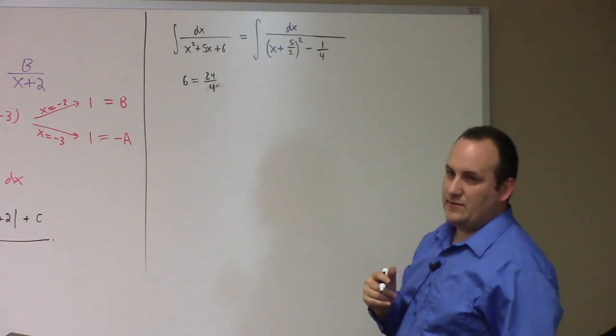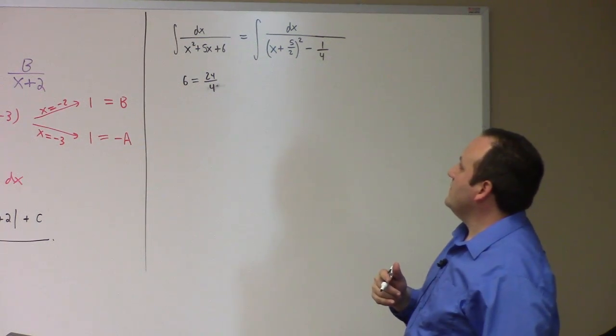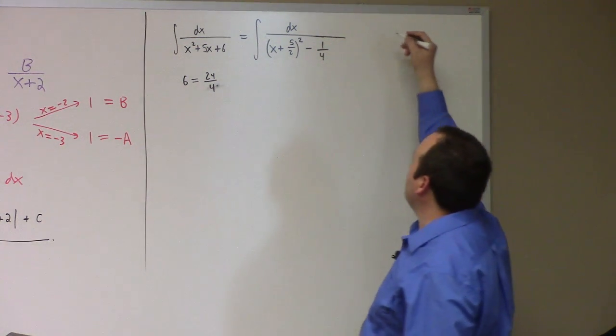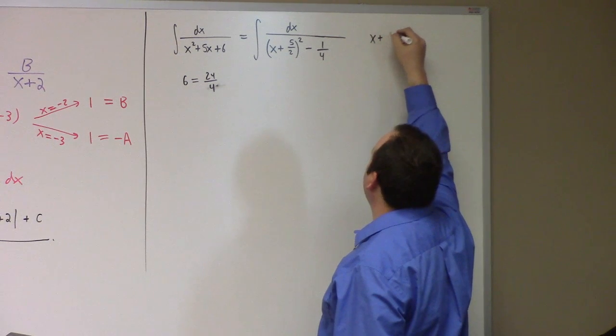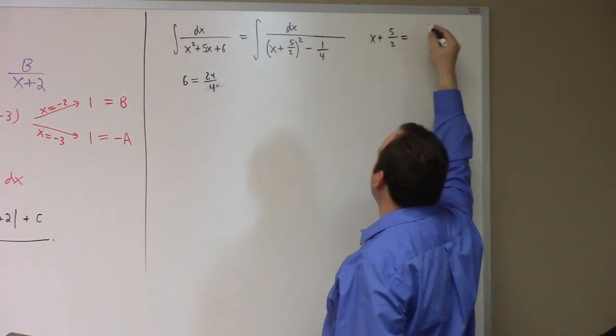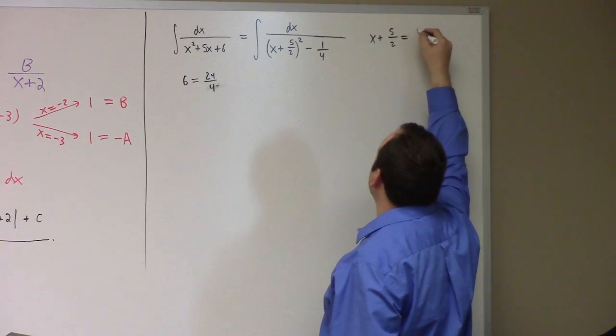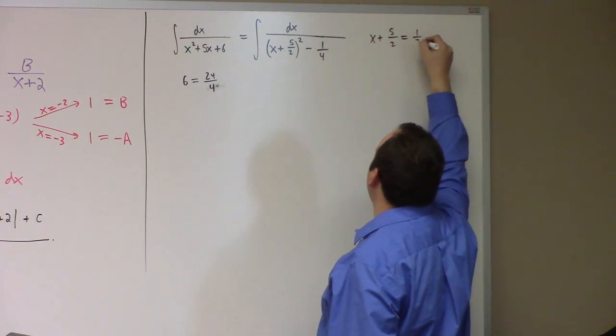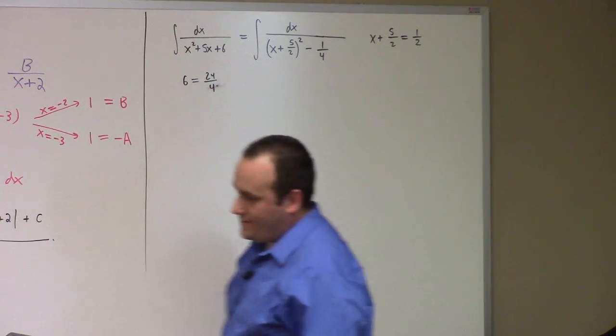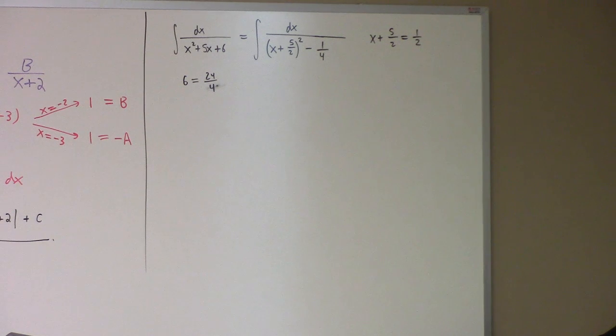Do you guys remember what? So this we could do with a what? You could make like x plus 5 halves equals what? 1/2 what substitution? What pattern do I have?